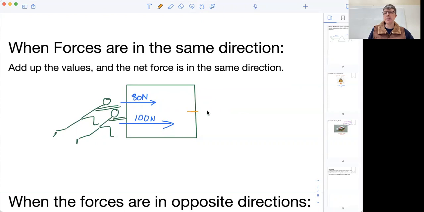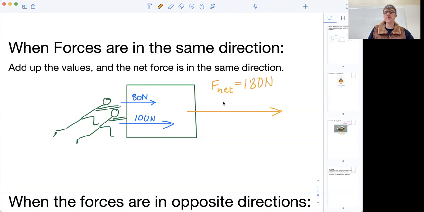And so we're going to indicate the direction of the net force with an orange force vector here. We're going to say that the net force, and I'm going to write F net equals 180 newtons.